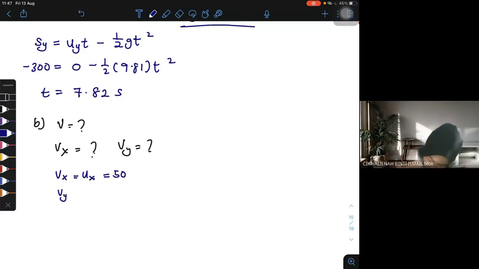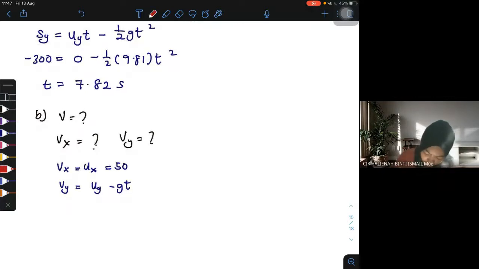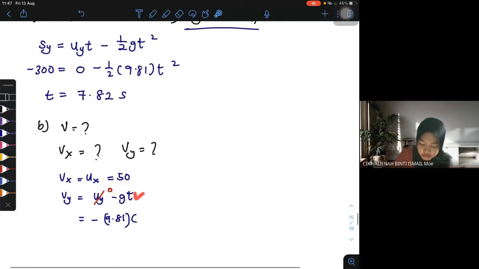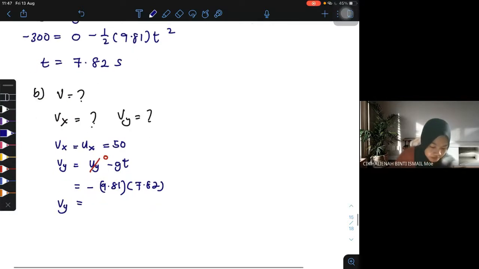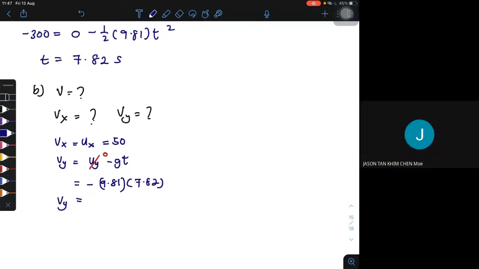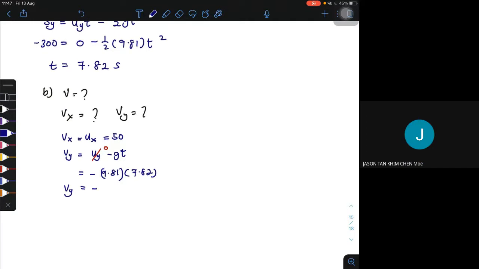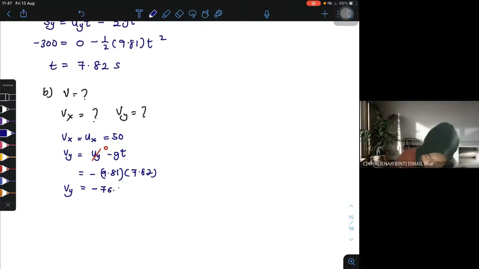So Vy is equal to Uy minus GT. And we know that Uy adalah sama dengan kosong. So Vy is equal to negative 9.81 times with T. And then T dekat sini adalah time of flight, which is 7.82 second. So Vy kamu akan dapat negative 76.71 meter per second.